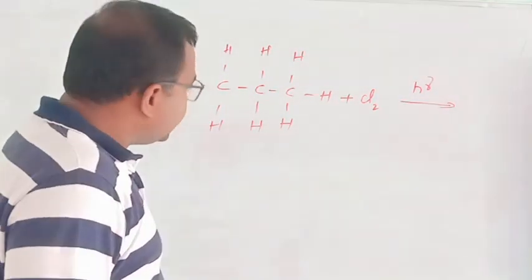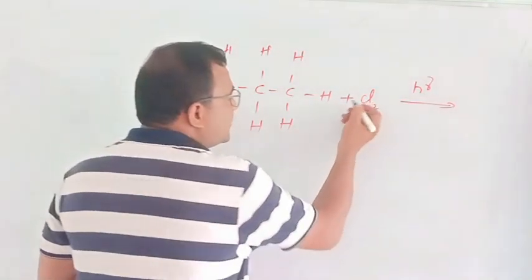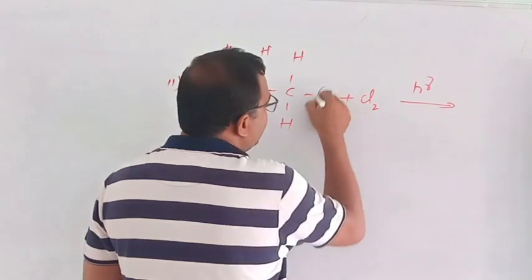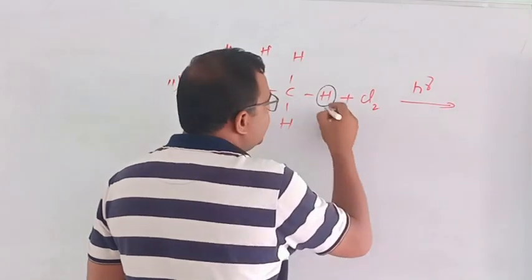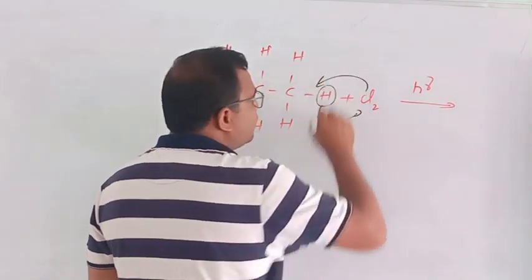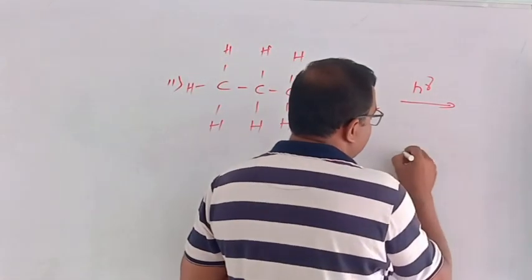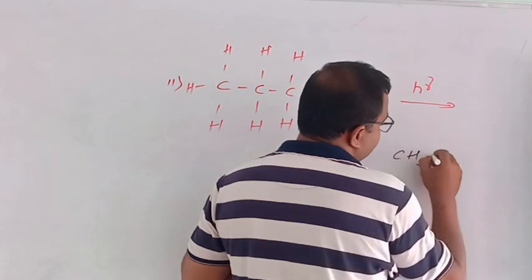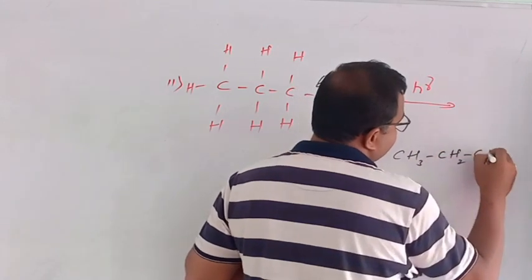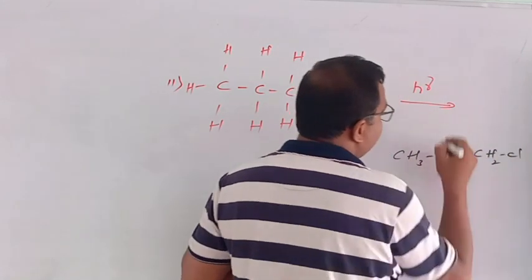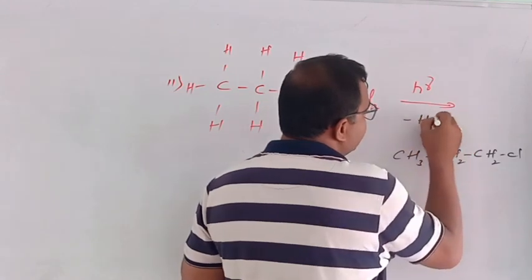When it reacts, what happens? It gets separated, a free radical reaction takes place. One of the hydrogens gets replaced by chlorine, and chlorine will occupy the position of hydrogen, and there is a formation of CH3CH2CH2Cl, with removal of HCl.